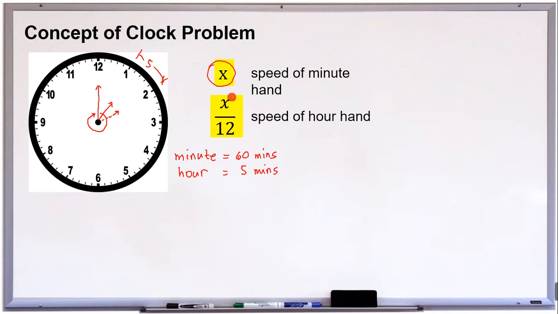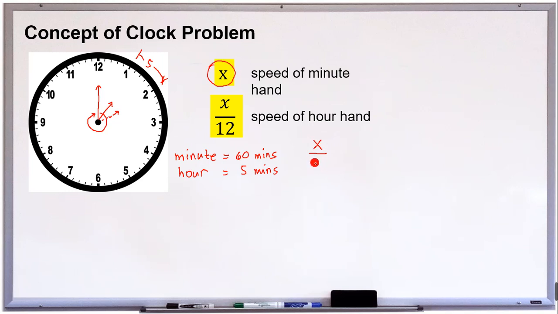Now the question is, what is the speed of the hour hand relative to the minute hand? So we're going to use ratio and proportion. If the minute hand travels x minutes, what would be the number of minutes covered by the hour hand?